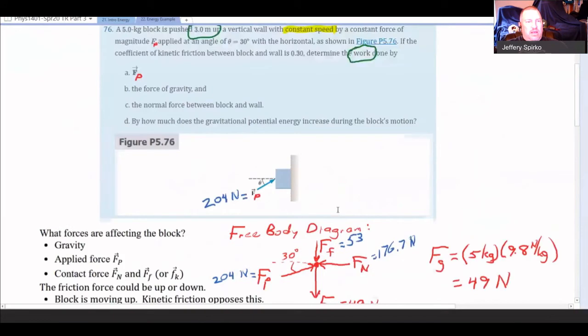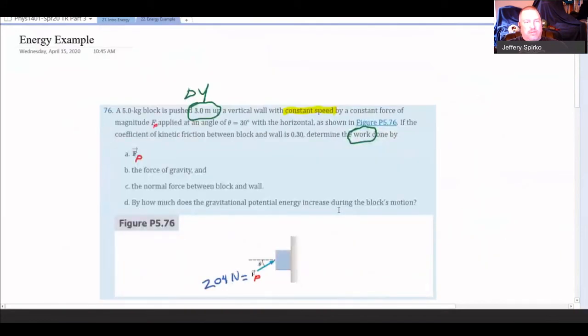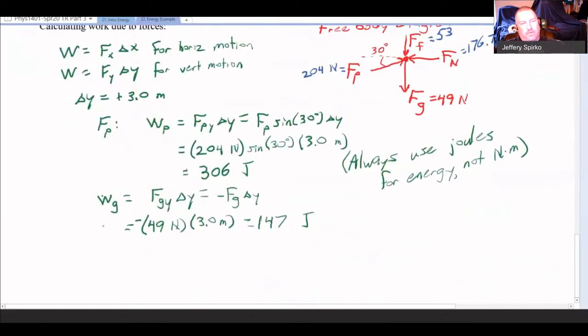Okay, the normal force. The normal force is y component delta y. Guess what? The normal force is horizontal.